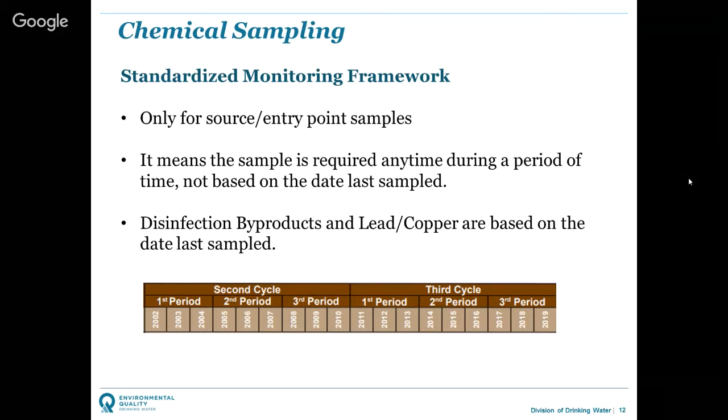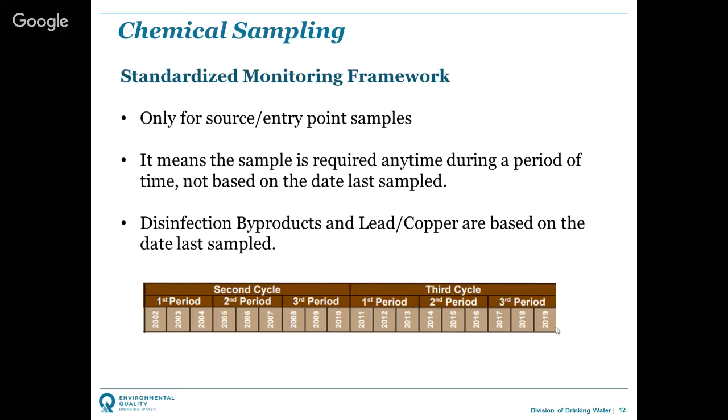They're in periods that you see here that we've adopted from EPA. So we go in periods, compliance periods, and compliance cycles. So the compliance cycle that we're in, the third compliance cycle, started January 1st, 2011, and it ends this year. That means if you have a sample, like for asbestos or inorganics and metals that's due once every 9 years, it should be taken by the end of the year.